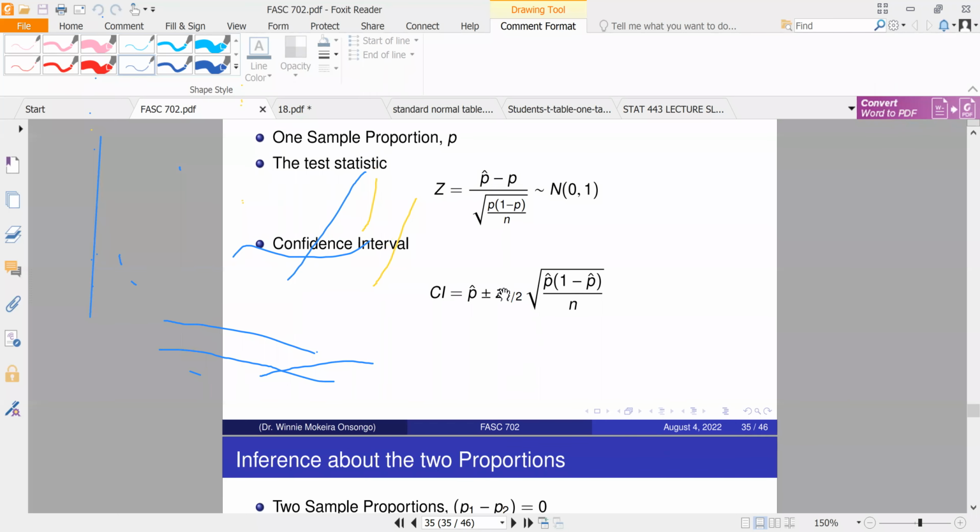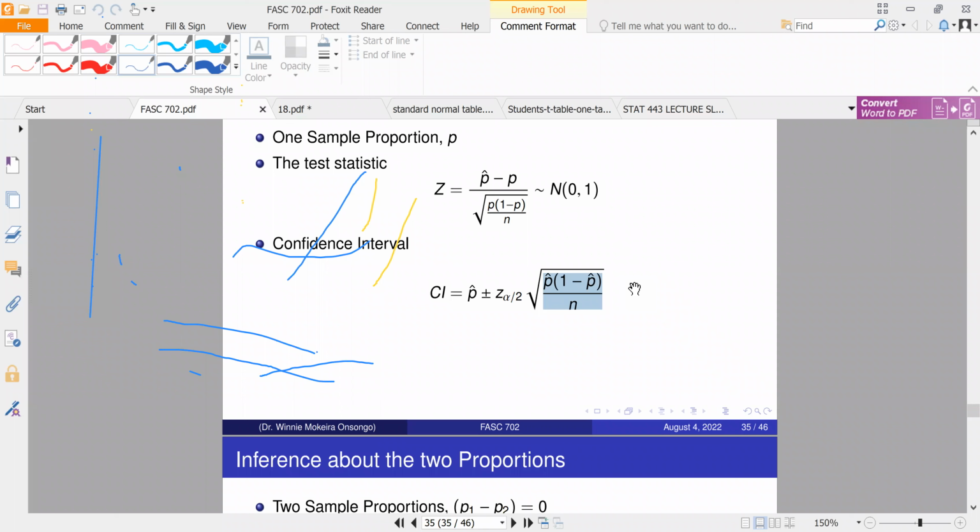Again, the method of calculating the confidence interval is the same as that of X bar, because we already know the expected value of p hat and its corresponding standard deviation. So it becomes easy to calculate the confidence intervals.